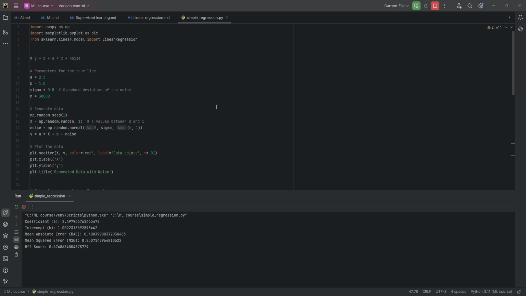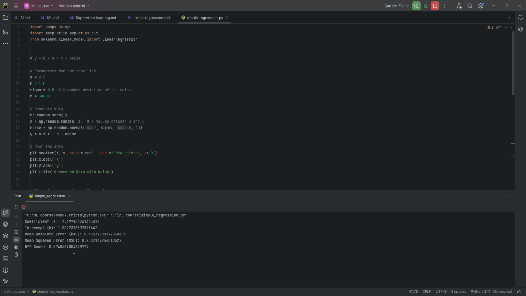So one thing that I want to test here, to see the effect on the metrics, is to reduce the noise or increase the noise and see how it affects these metrics. At some point I'm going to reduce it to very low.